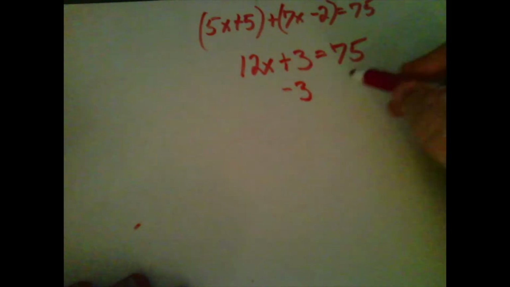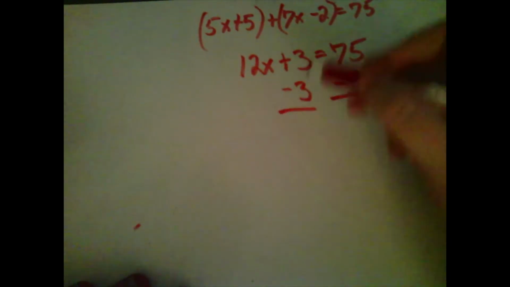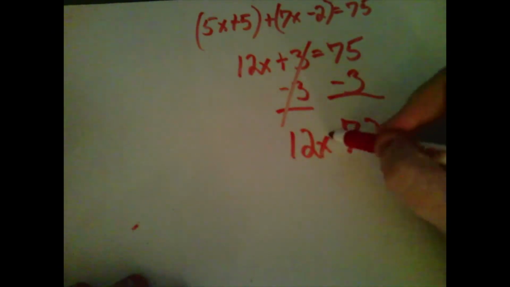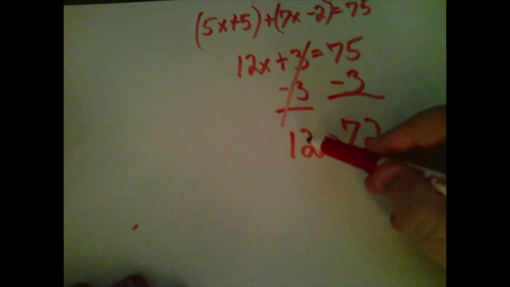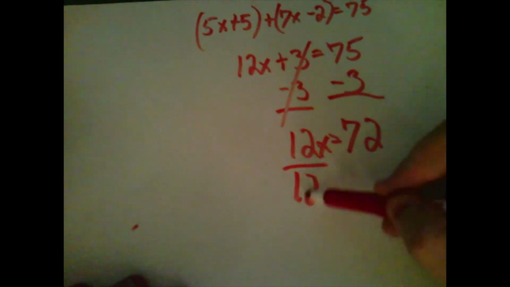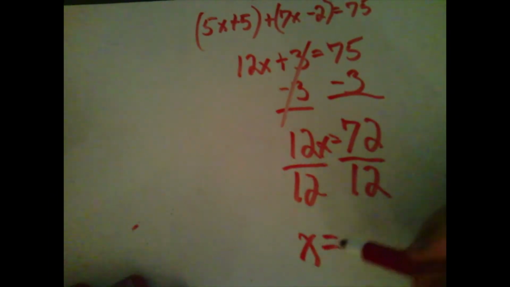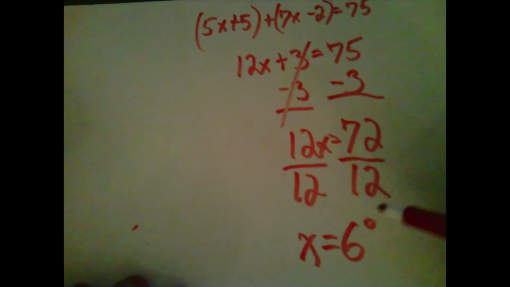Let's subtract 3 from both sides of this equation. 12x equals 72. This is multiplication, and the inverse of that is division. We'll divide both sides by 12. 72 divided by 12. Well, 12 times 5 is 60, so this must be 6. X is equal to 6.